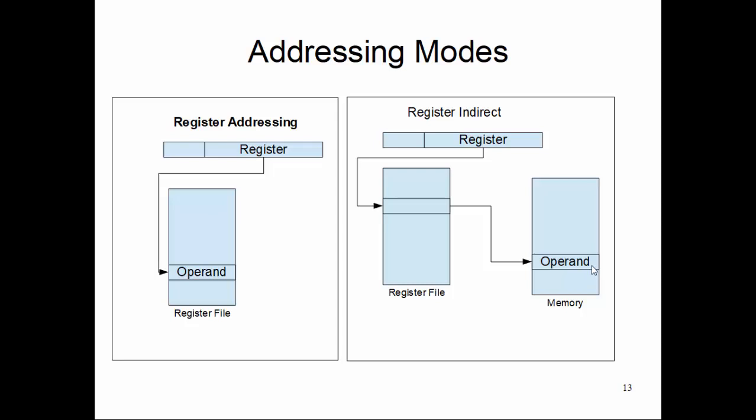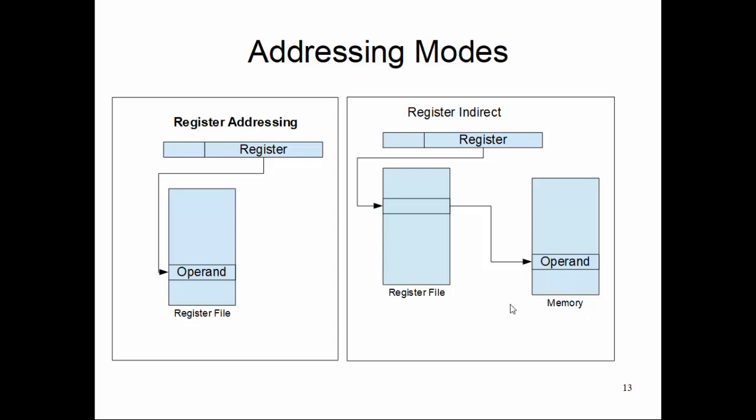The machine code embeds a register number, then the processor accesses the register file. The content of that specific register is another address. Then the processor accesses memory with that address to retrieve the operand.